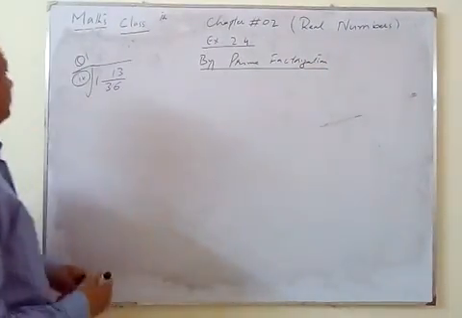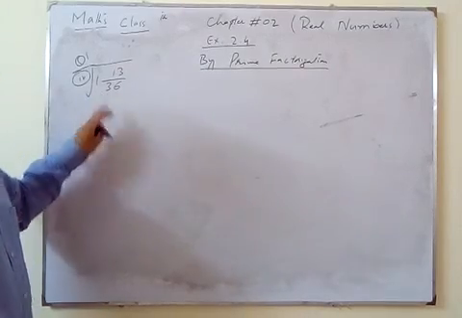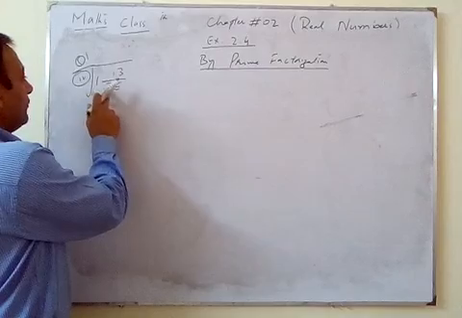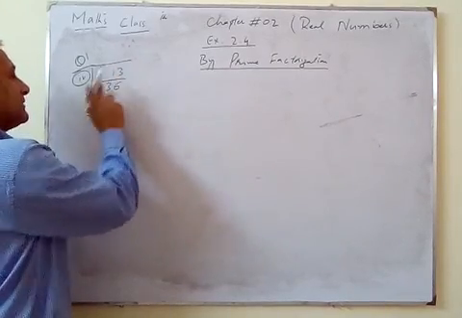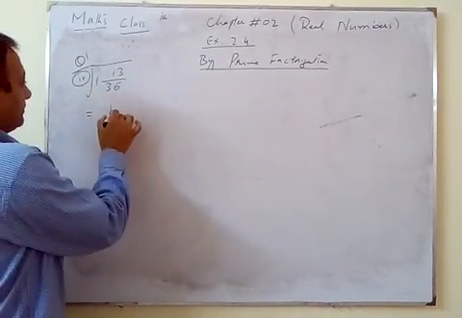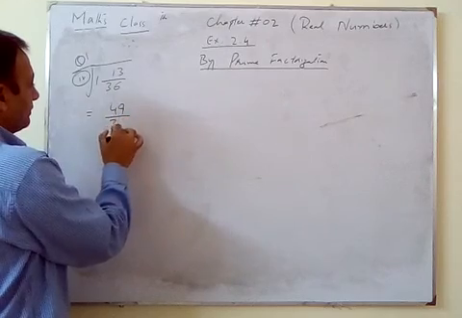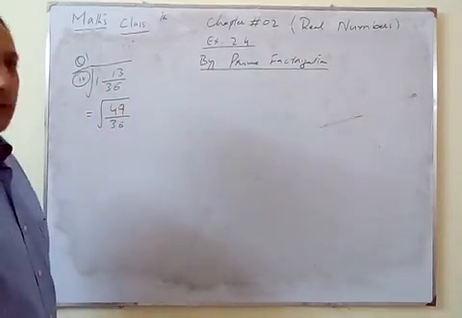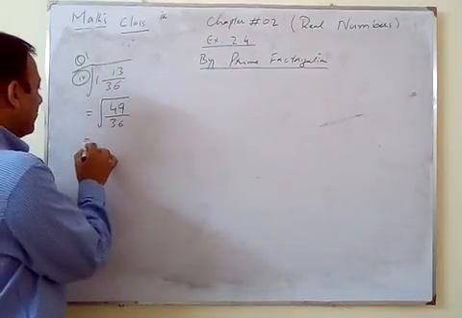First of all, we have to convert this one into a common fraction. So in common fraction, multiply 1 multiplied by 36 and plus 13. Separate this one.